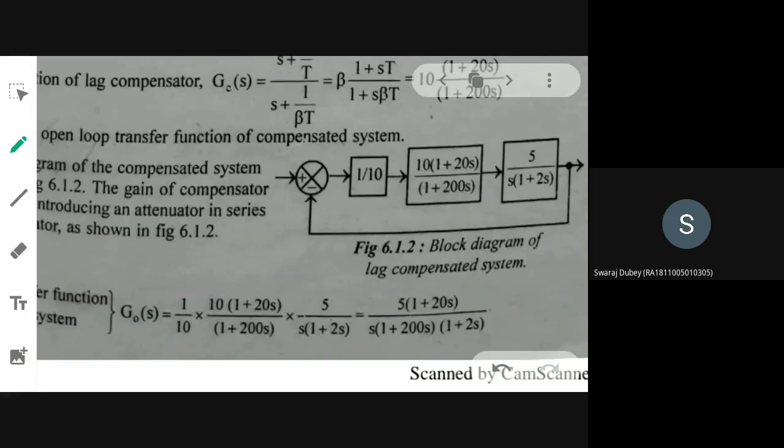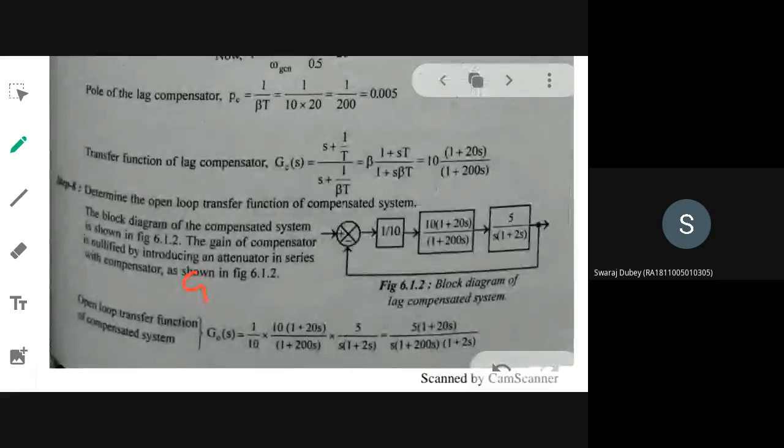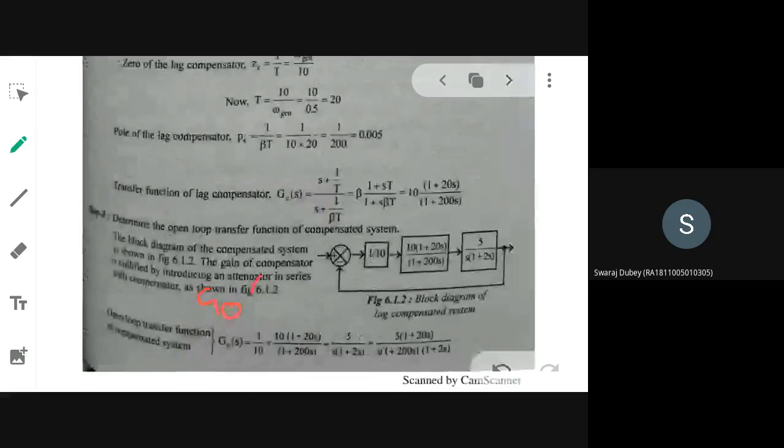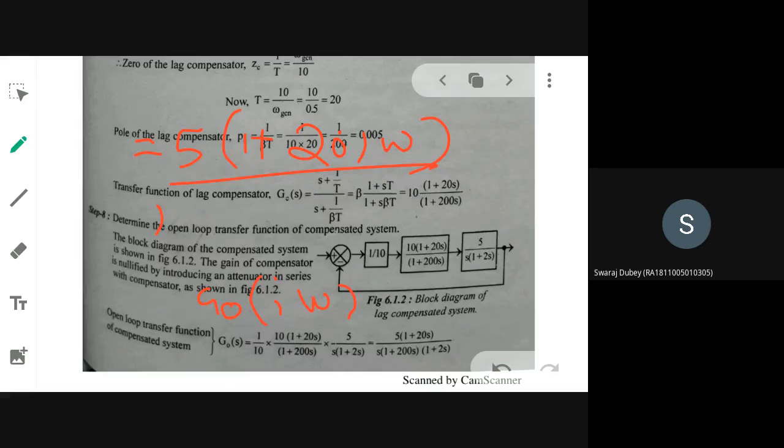GC, this is open loop. Okay, so what is my G(j omega)? 5 into (1 plus 20 j omega) divided by j omega into (1 plus 200 j omega) into (1 plus 2 j omega).